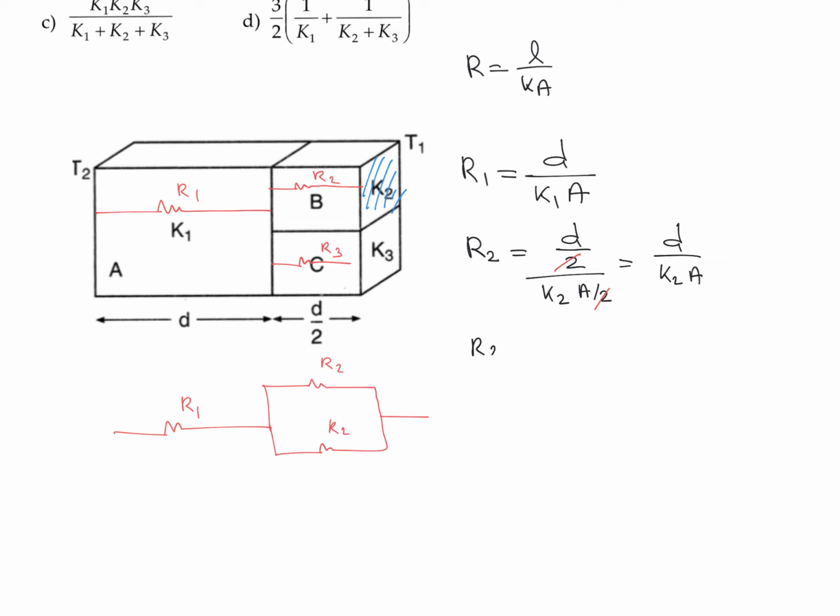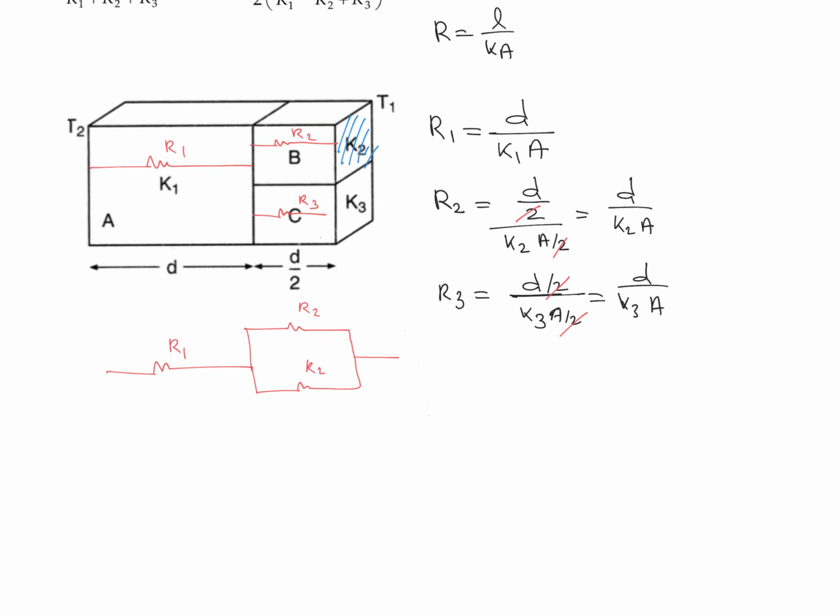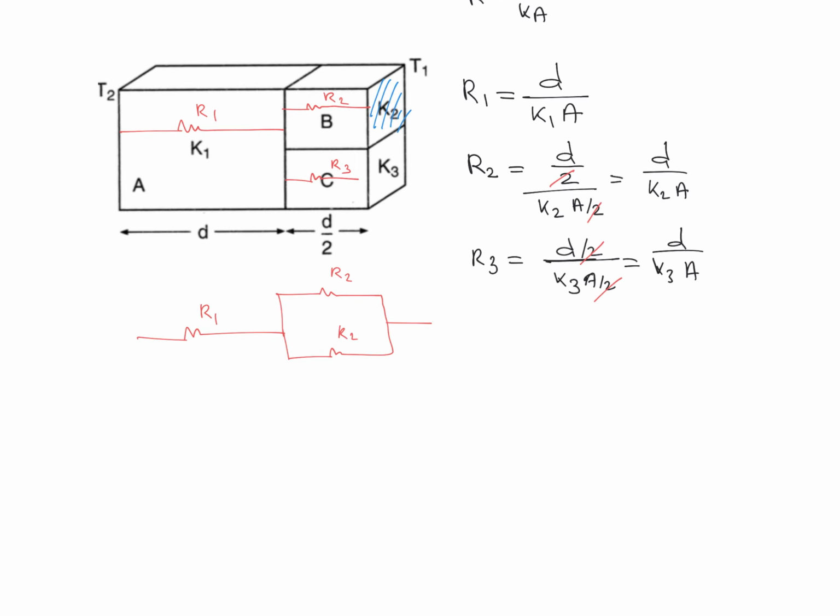Like that we can write the equation for R3. The length of that is D divided by 2, its conductivity is K3, and area we can take as A divided by 2. So we can again cancel this 2 and this 2, so this is going to be D divided by K3 into A. Now we can put these values in to find the equivalent resistance, because these two resistors are connected in parallel.